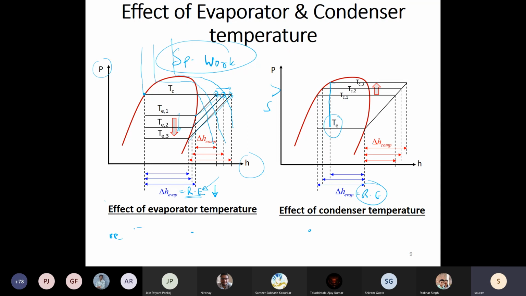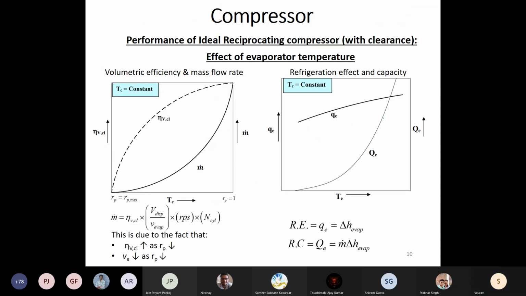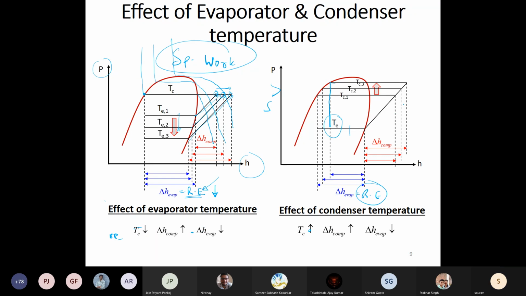Now let's look at the second case where we have maintained the same evaporator temperature but different condensing temperatures. So over here you see that again, someone has a doubt? Okay.